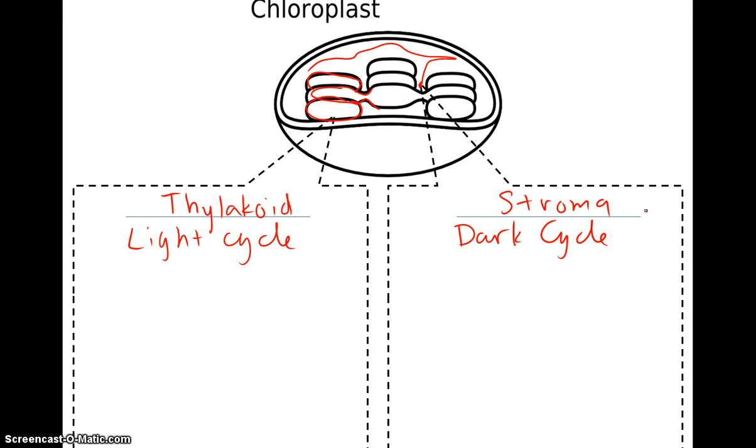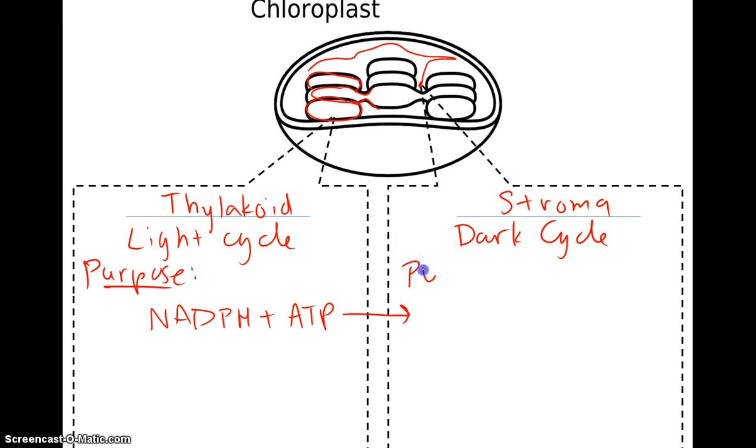And that's where the dark cycle is going to happen. Okay? All right, so let's talk again about the whole purpose of the light cycle. The whole purpose is to make NADPH and ATP, because that's going to transfer over to the dark cycle. The purpose of the dark cycle, or the dark stage, is to make glucose, which is the whole point of photosynthesis.